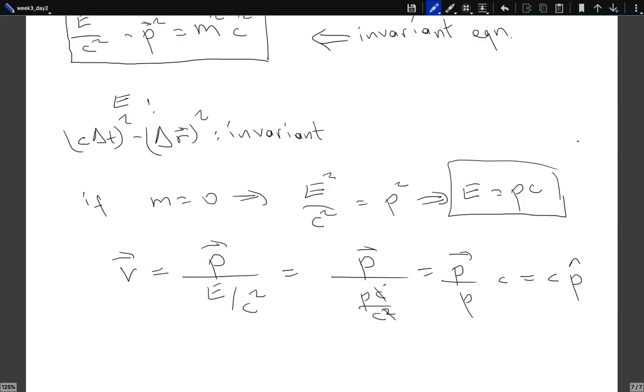You see, since this object always moves at the same speed c, its momentum cannot be determined from its speed only. Its momentum has to be given by some other properties of the system. Like in the case of electromagnetic waves, the photon has some other properties like the wavelength.